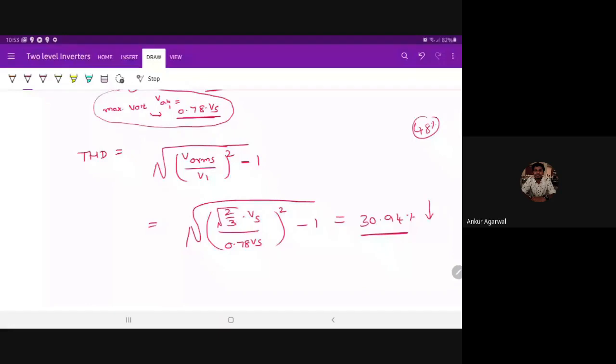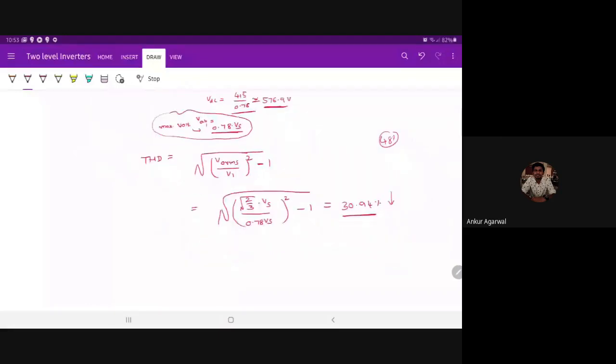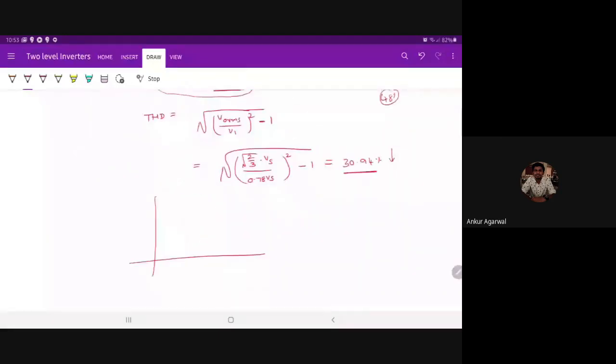The harmonic spectrum is something like this. You have DC, and this is the harmonic frequency axis. You have the fundamental, corresponding to 100%, and the fifth harmonic, its magnitude is 20%, and the seventh order harmonic, its magnitude is 100 by 7%.